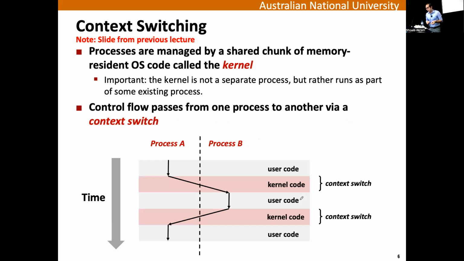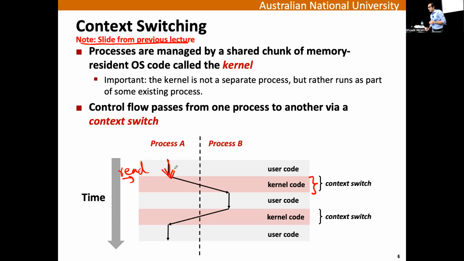This is a copy from the previous lecture slide. Imagine that process A is running, and then there is some kind of an interrupt, some event, maybe a system call, maybe an outside event. Here is the context switch in pink.